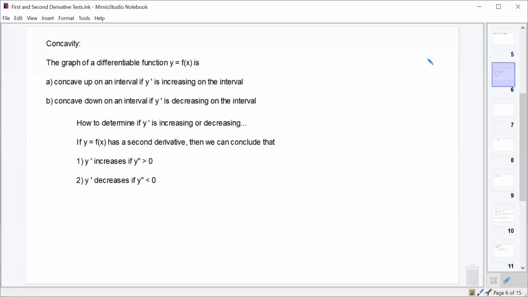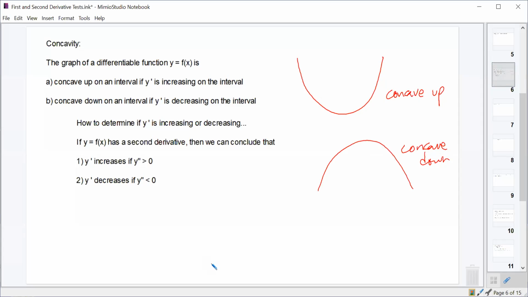So just as a quick reminder, any function that looks generally like this, with this upward parabola shape, is concave up. Anything that's shaped like this is concave down. Even if it's just barely going up like this, that is still concave up, right?